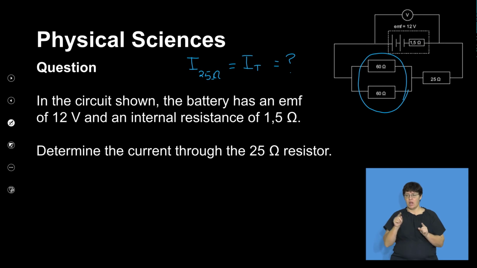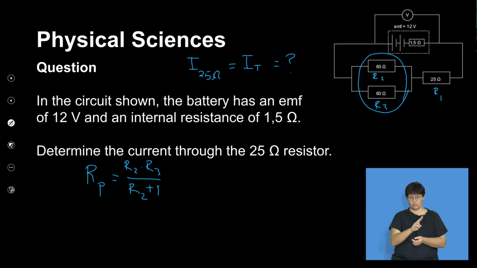Again, we can use the formula: R parallel is equal to, let's say this is R1, that is R2, and then that is R3. We can say product over sum, which is applicable only for two resistors: R2 multiplied by R3 divided by the sum, R2 plus R3.